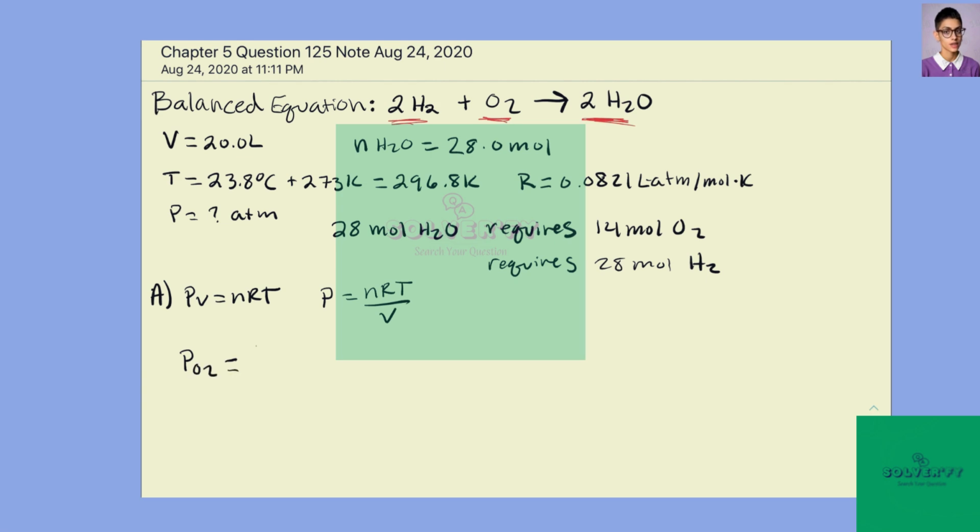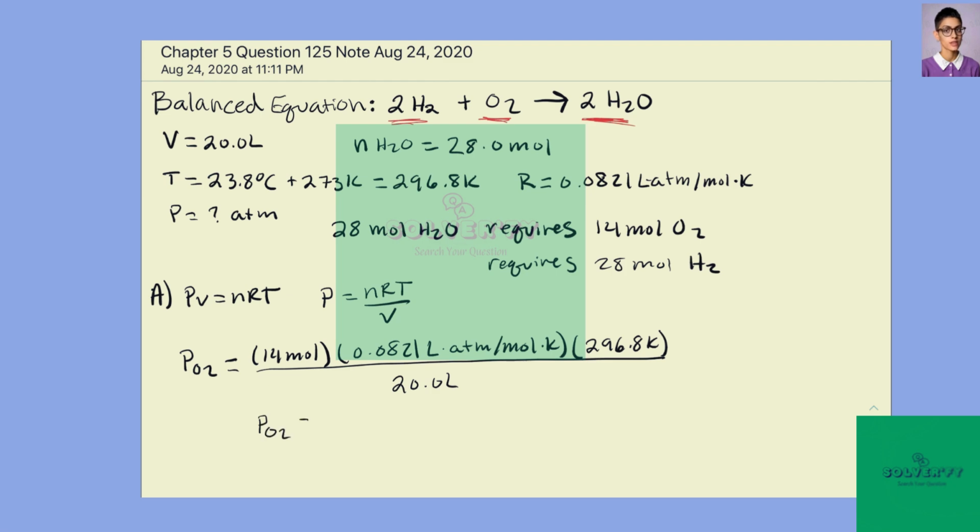So that is going to be 14 moles times that by our R value, 0.0821 liters atmosphere per mole Kelvin, times that by our temperature, which is 296.8 Kelvin, and we're just going to divide all of that by our volume, which is 20 liters.